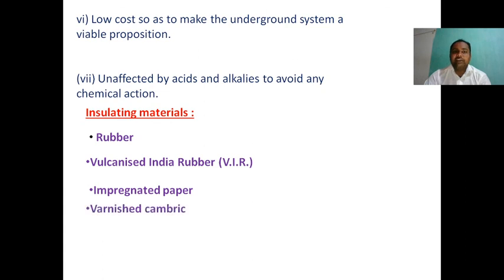Varnished cambric. Nowadays, a frequently used insulating material is polyvinyl chloride. These are the insulating materials. With them we can manufacture underground cables. The manufacture of underground cables is based on the insulating materials and the number of layers.